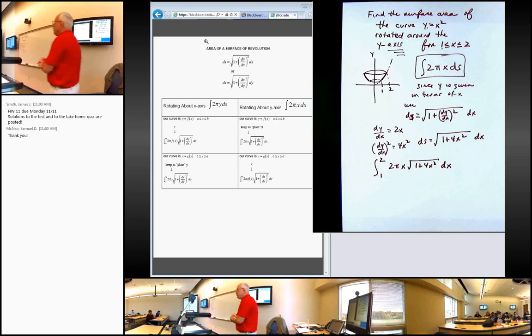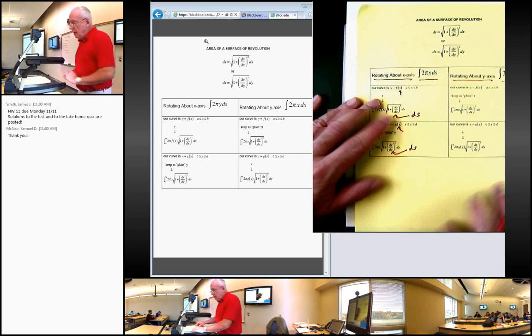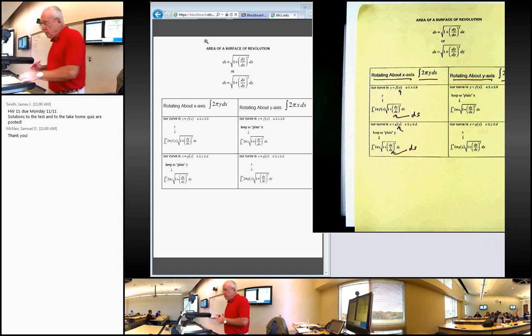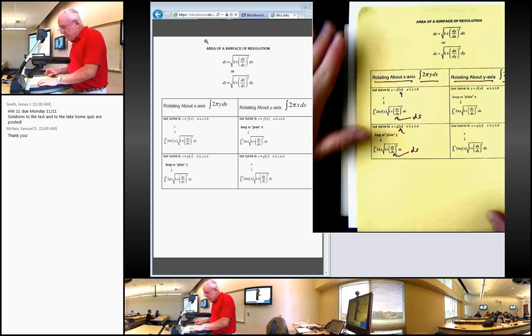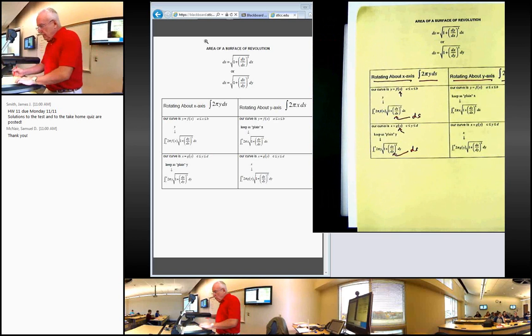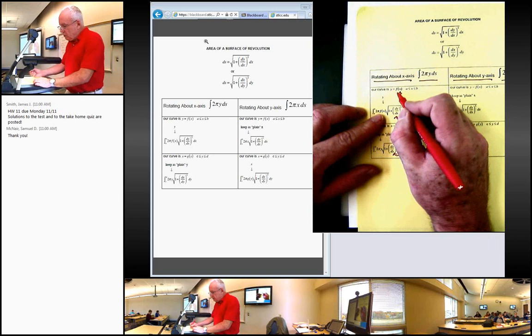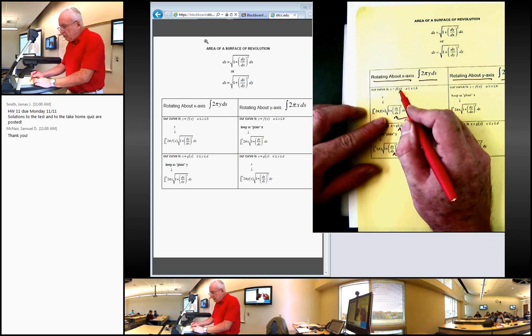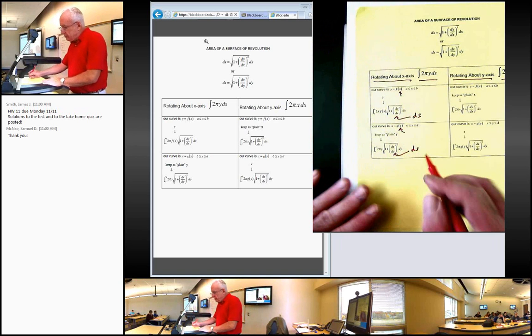Okay, very good question. For the other one, I was rotating it around the x-axis, and our curve was given as y equals a function of x. If y equals a function of x, we're going to use this formula for ds in both cases.